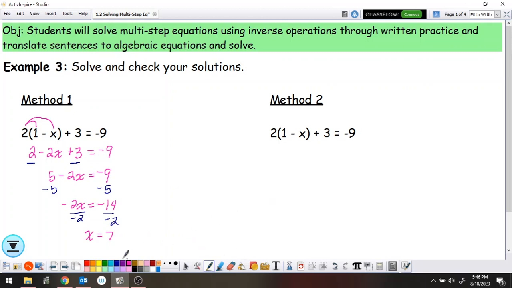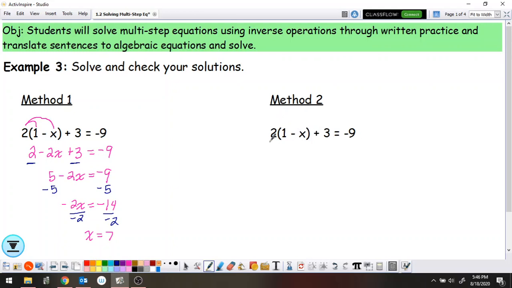Now, my second method, I'm going to take a look at this, and I have 2 times some value, that's what the parentheses represents, is a value, plus 3 equals negative 9. And I'm just going to ignore that I have 2 times an expression for now, and I'm not going to distribute. I'm going to, as I said, treat this as some value.